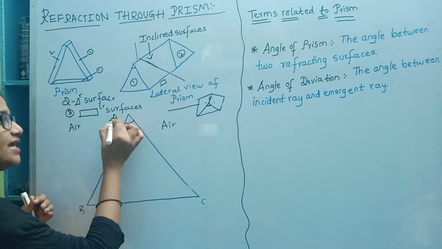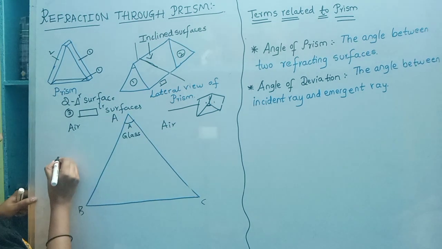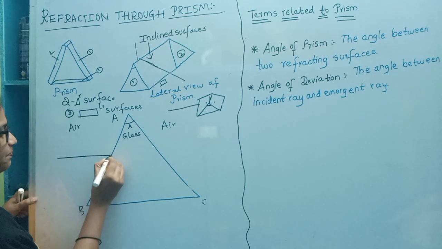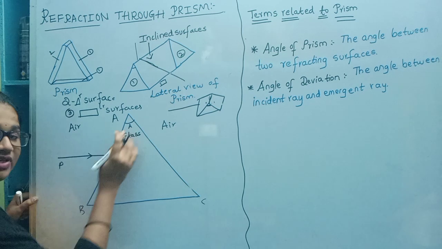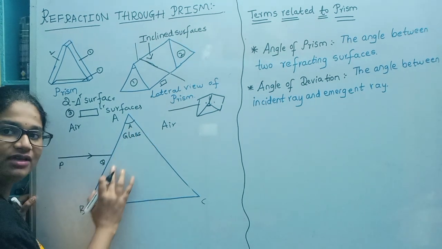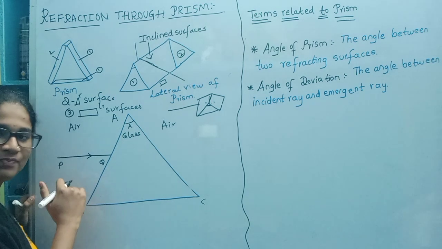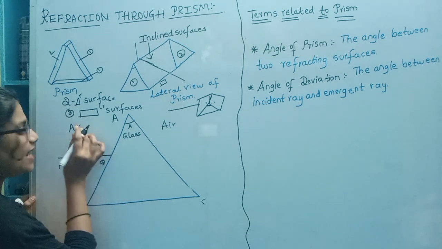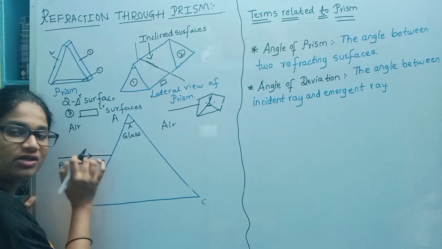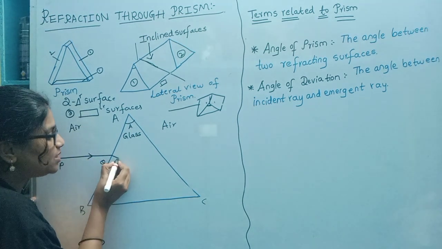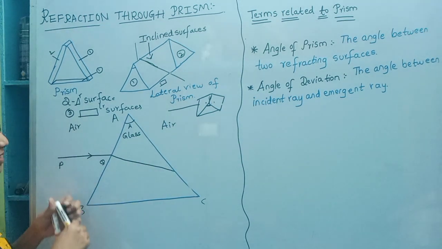Don't get confused between this A and this A. Now, let us take an incident ray PQ, which is incident on the rectangular surface AB of the prism ABC. Here a light ray is entering from air into the glass medium, so the bending phenomenon must occur.